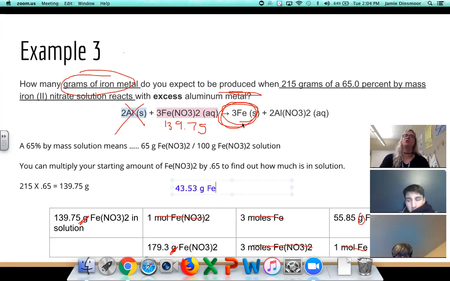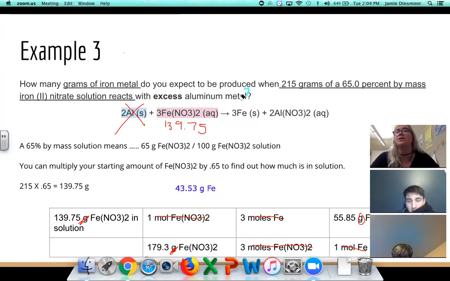So you need solutions for ions to be able to touch each other and interact, which is why we care about molarity and percent by mass, because you want a solution where it's all ions. You don't want to put too much where there's just metal floating around at the bottom because it didn't really dissolve, and you also don't want to put such a tiny amount that it doesn't do anything. So this is all about finding the amount you would need for reactions to happen.